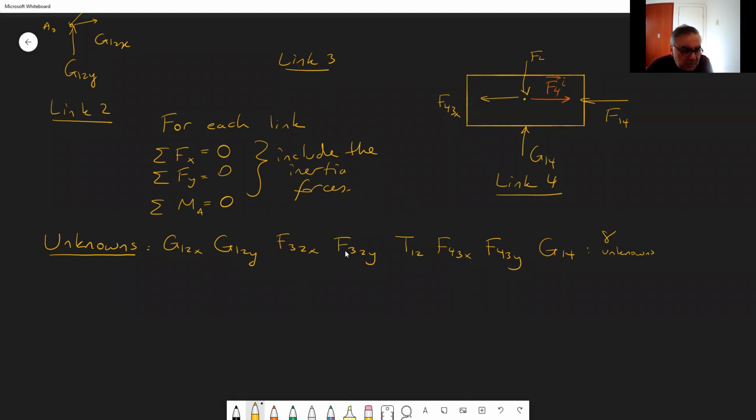Well, it seems we have 9 equations, but no, we have 8 equations actually that are needed, because we have no moment equation for the fourth link. Because it is a rigid body, but it is not making any rotation, so we don't assume anything about it.